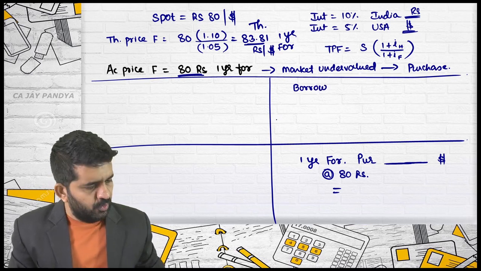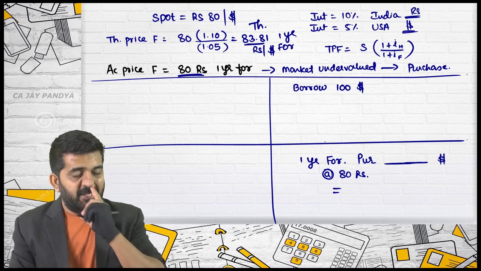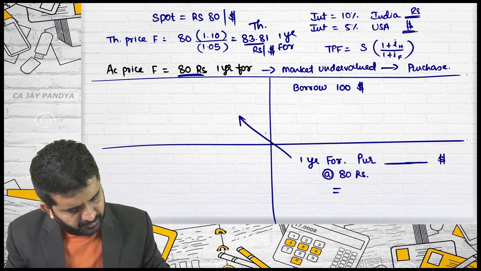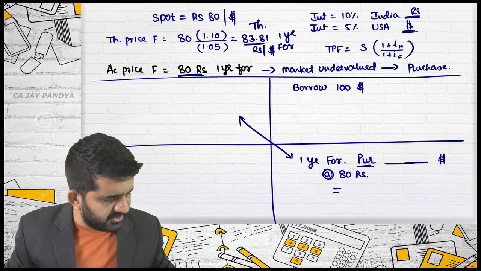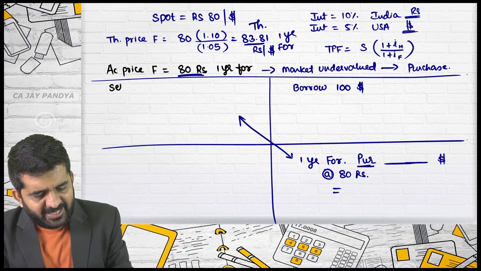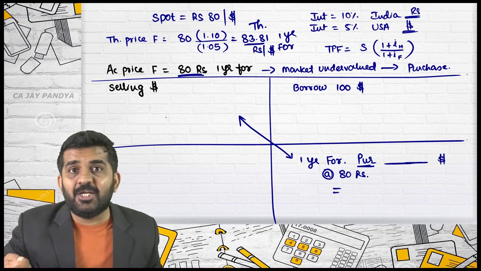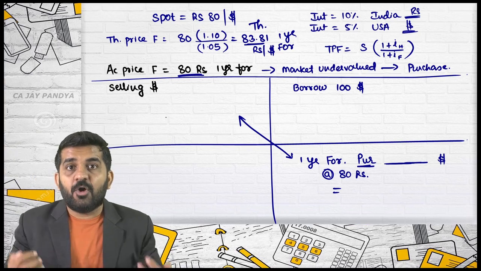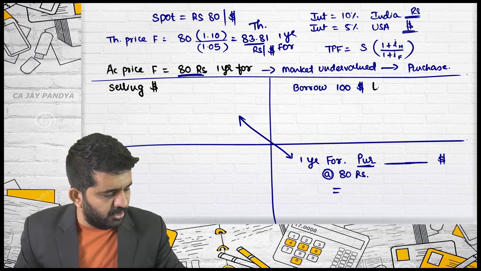This will always be the opposite situation. If you are purchasing dollar over here, you will be selling dollar over here. I will be borrowing $100 today.